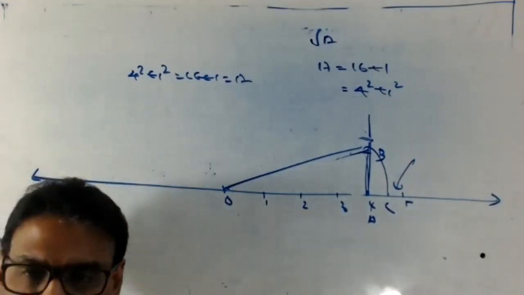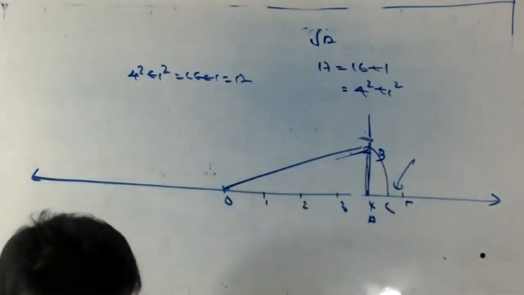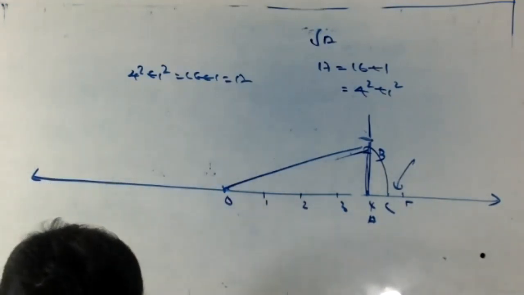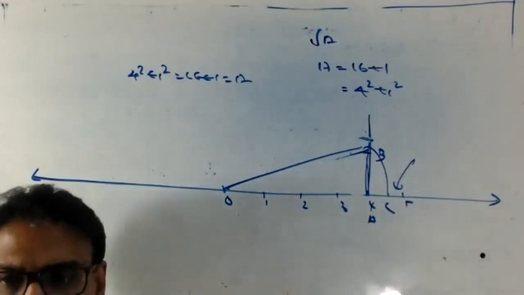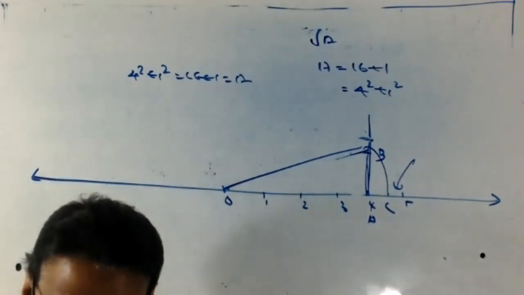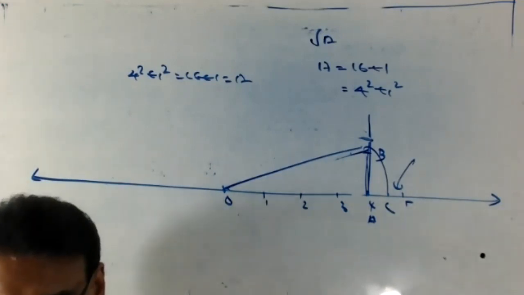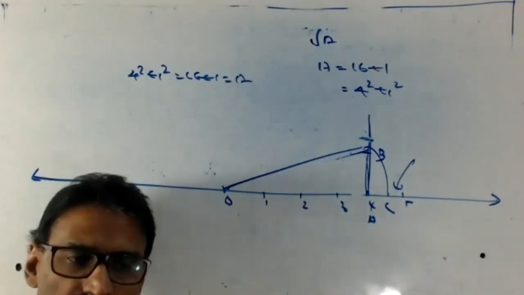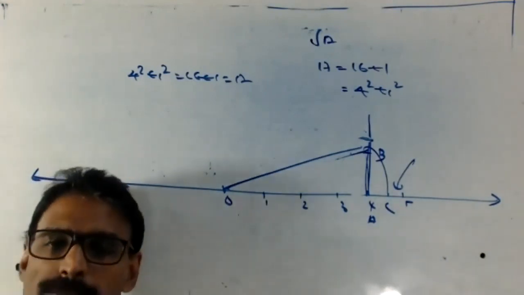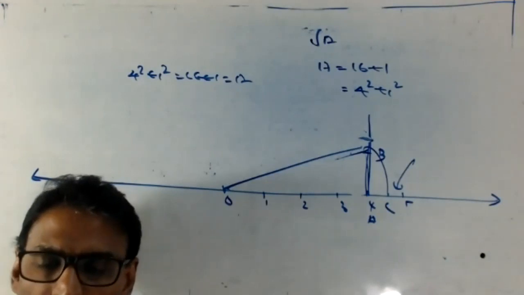I'll give you 5 minutes to check all the constructions. Look, the exam point, listen here. The important exam point is root 2, root 3, root 5. That is a very important thing. Draw root 5, root 3, root 2 on the number line. This is the only exam point. It may also be asked like this: draw 2 root 2. 2 root 2 means root 8.